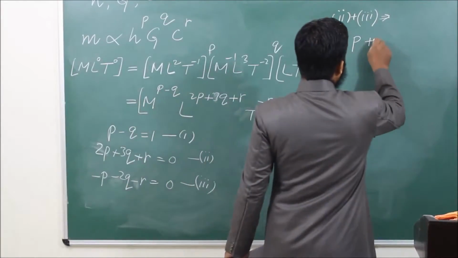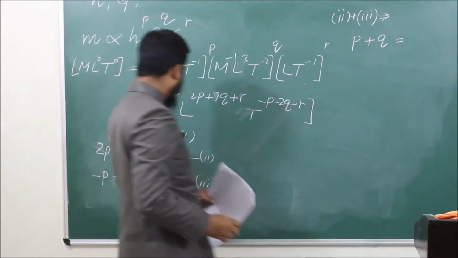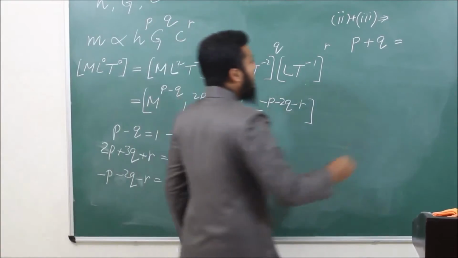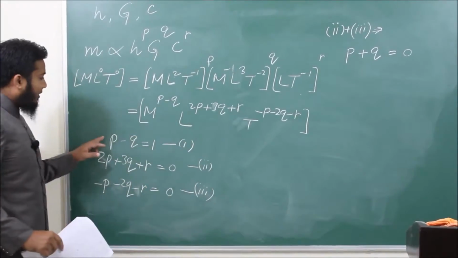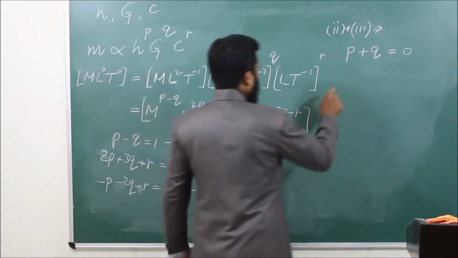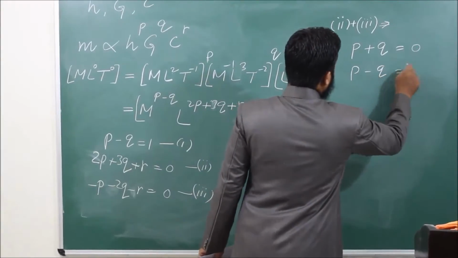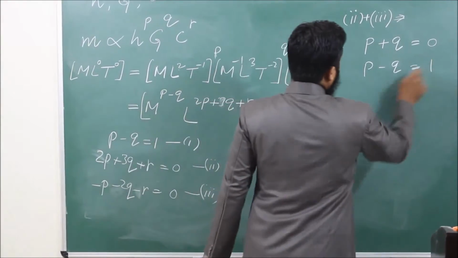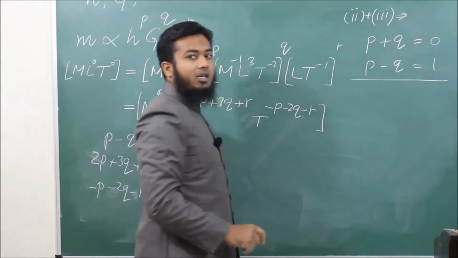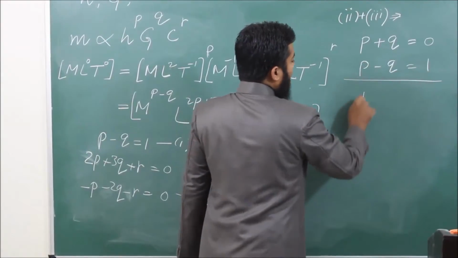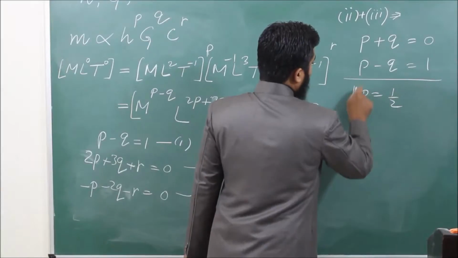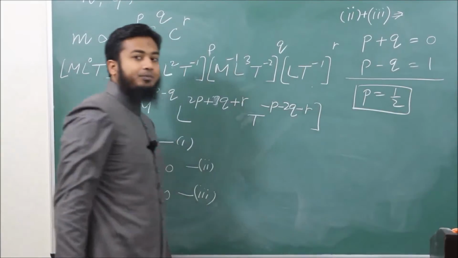So p plus q is equal to 0 on the right hand side, since 0 plus 0 is again 0. And the first equation is here, so let's write it again: p minus q is 1. Now if I add these two equations, q will cancel out, and you will have 2p equal to 1, or p is equal to half. So you found the value of p.